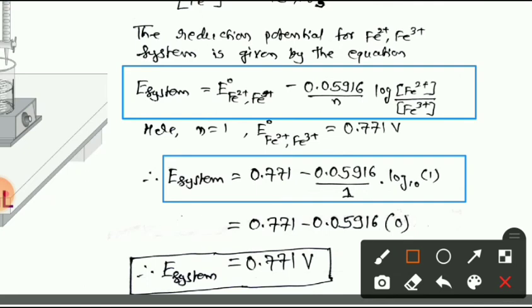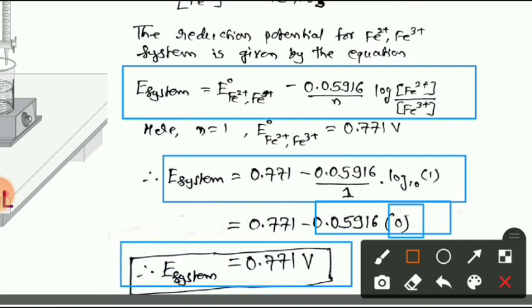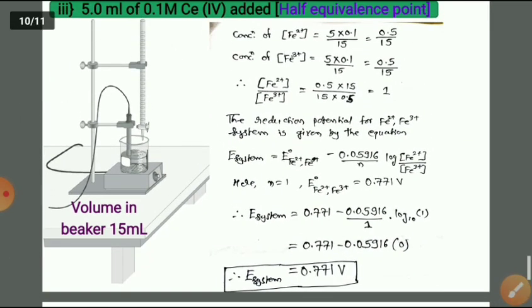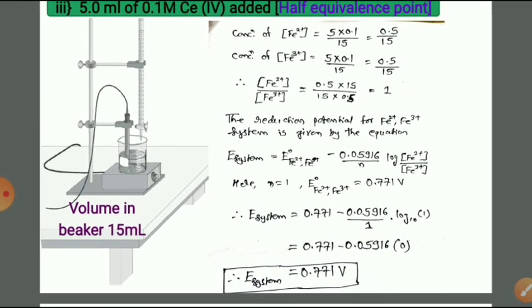Now we know the log of 1 to the base 10 is 0, which means the whole factor becomes 0, and we will get the E system at this point as 0.771 volt. So this is the potential of the system at the half equivalence point.